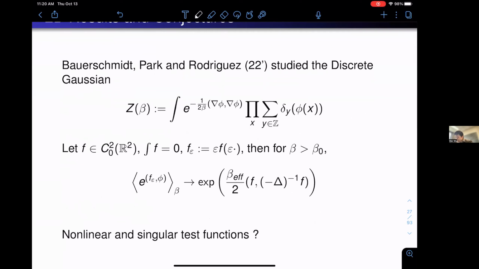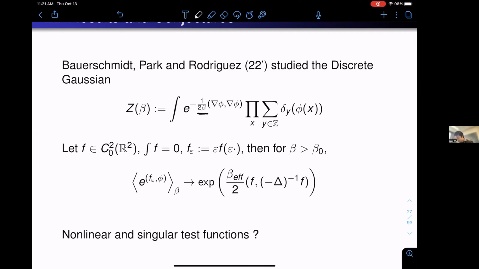Discrete Gaussian is just Gaussian free field, but you have your field pinned down on all the integer values. This model goes through a roughening transition, and it's expected that, if we write beta here, then for large beta, your large scale behavior should be like a free field.